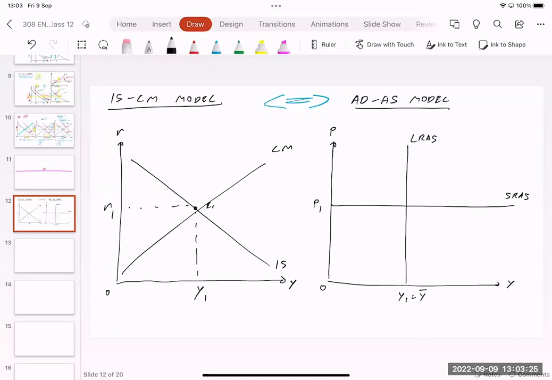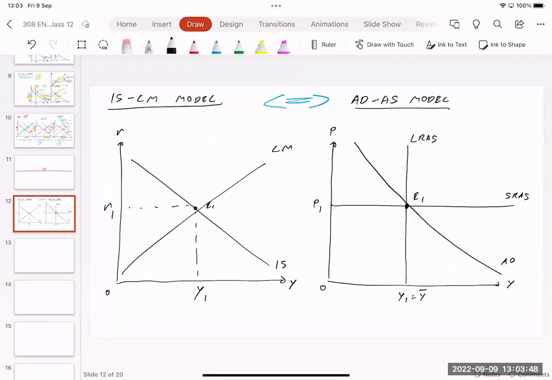So we have the short run aggregate supply and the long run aggregate supply, and lastly the aggregate demand curve, AD. The equilibrium point is where the aggregate demand curve intersects the short run and long run aggregate supply, which is here, E1.